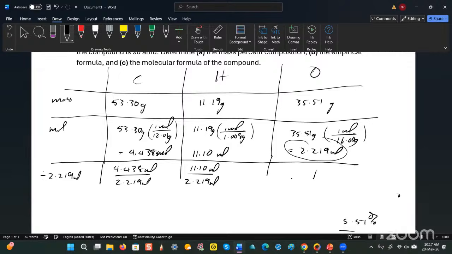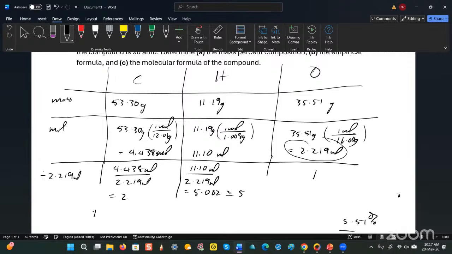So 4.438 divided by 2.219 gives you 2 exactly. The 11.10 divided by 2.219 gives you 5.002, which is approximately 5.